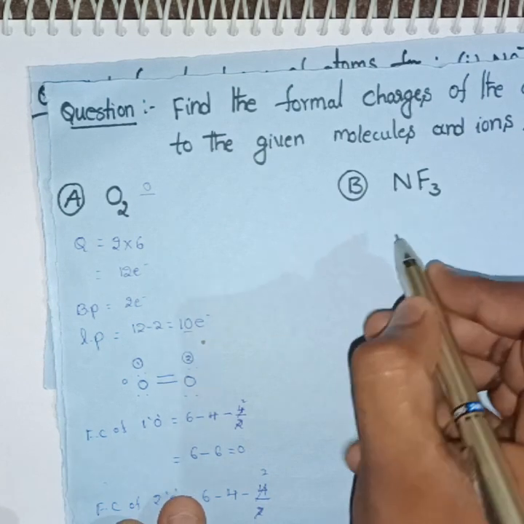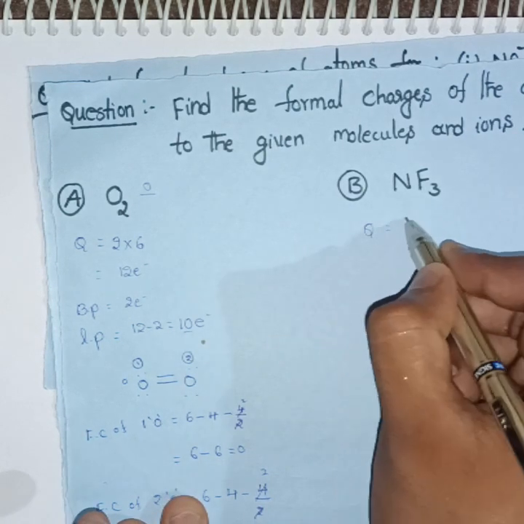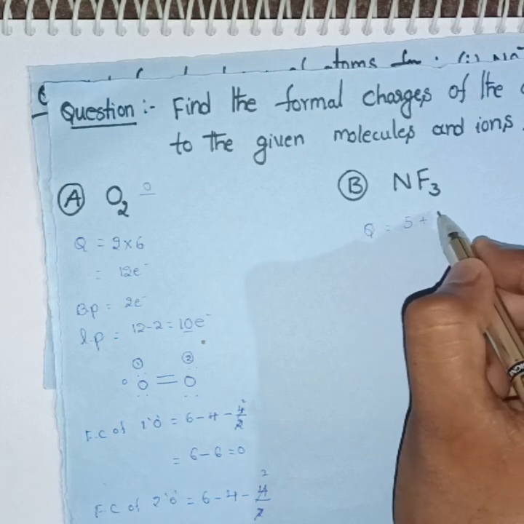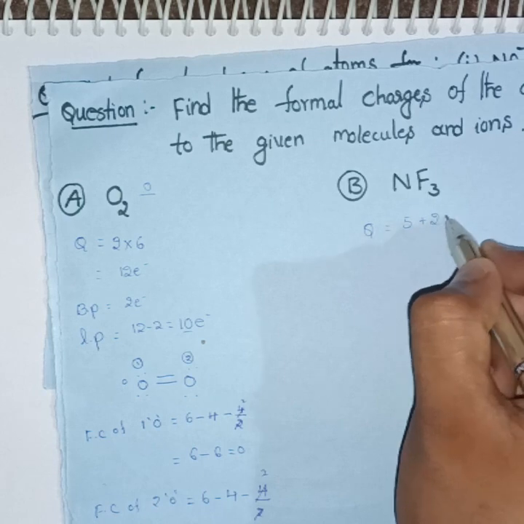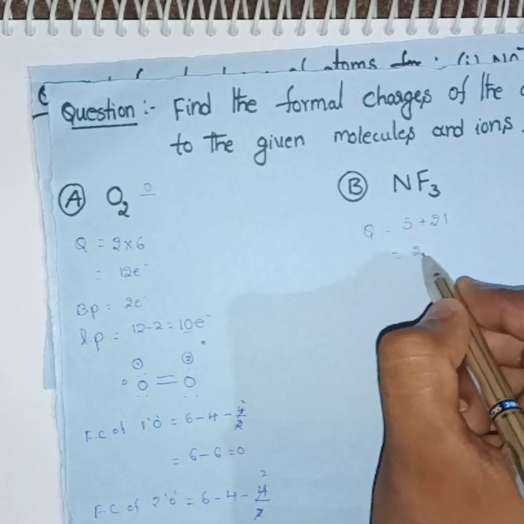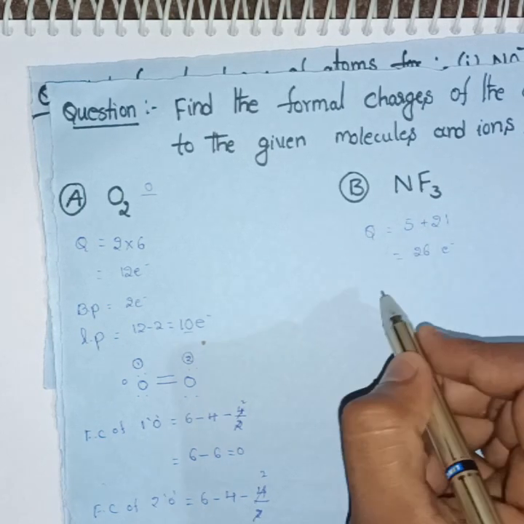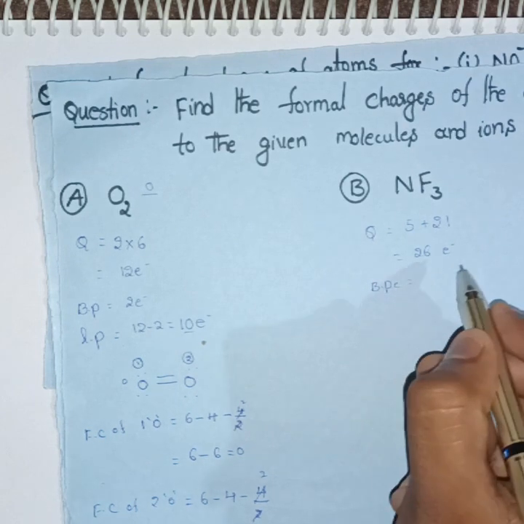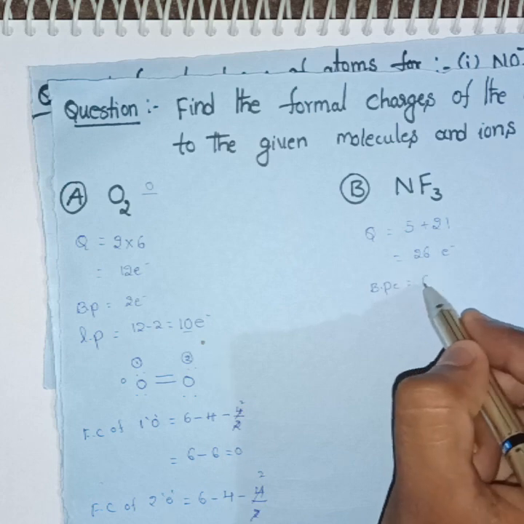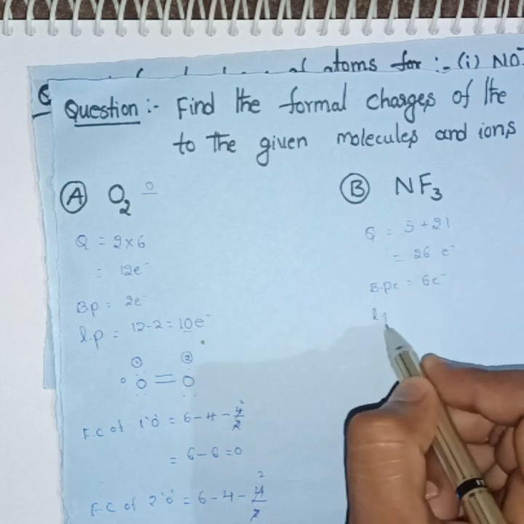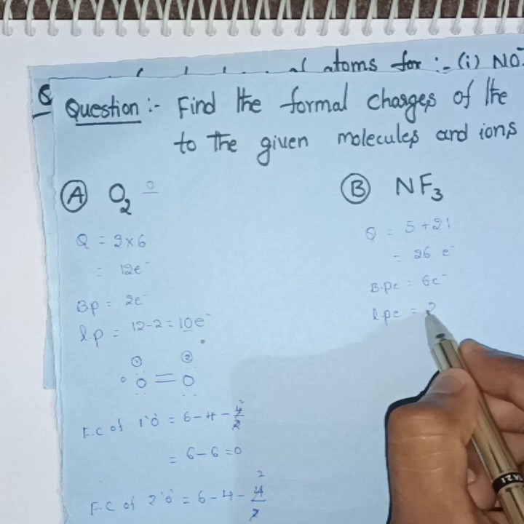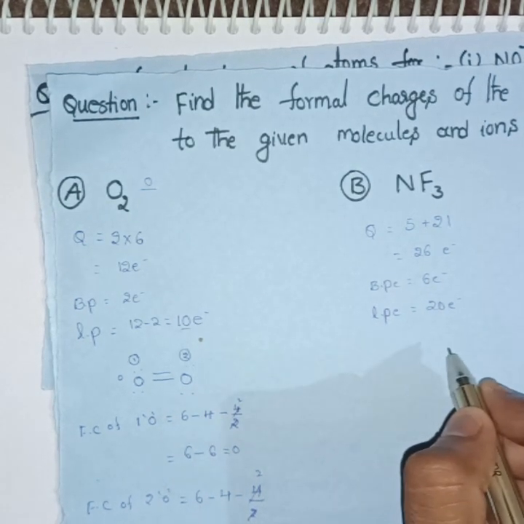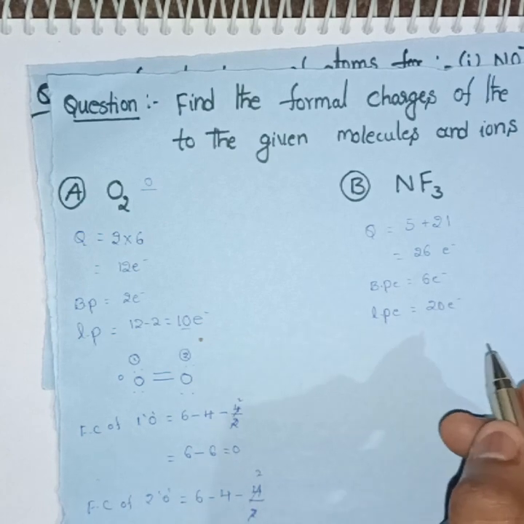Here for NF3, N is equal to 5 plus fluorine. How many electrons in the valence shell? 7. 7 into 3, 21. There you get 26 electrons. We have to find bond pair electrons, which is 3 twos are 6 electrons, and lone pair electrons are 20 electrons. Then we have to draw the structure of NF3.